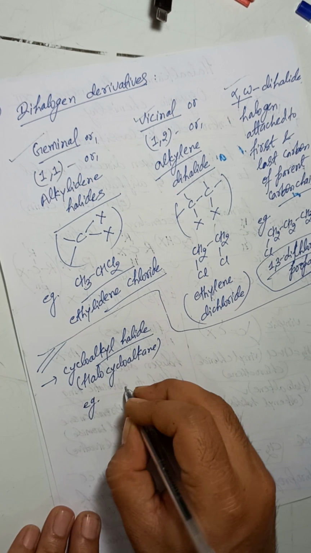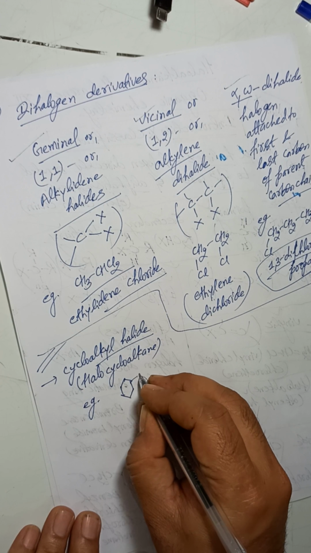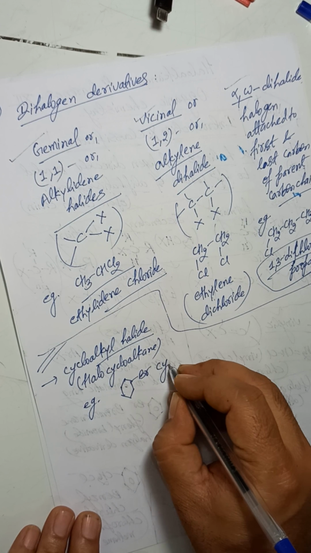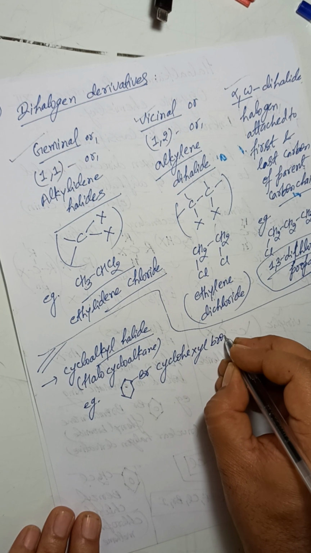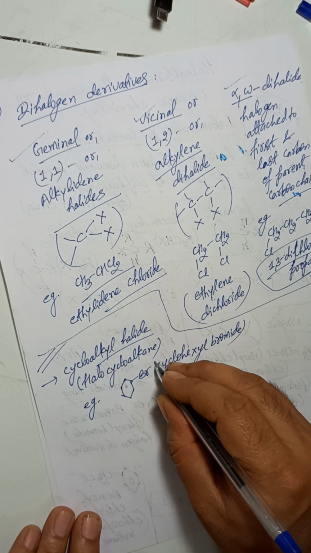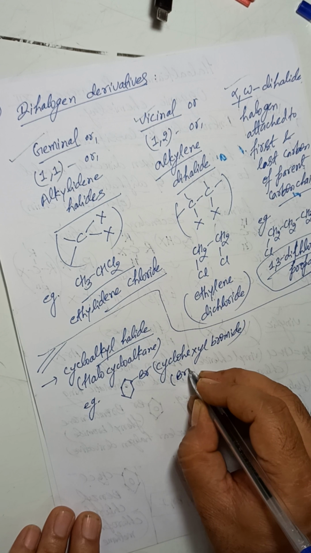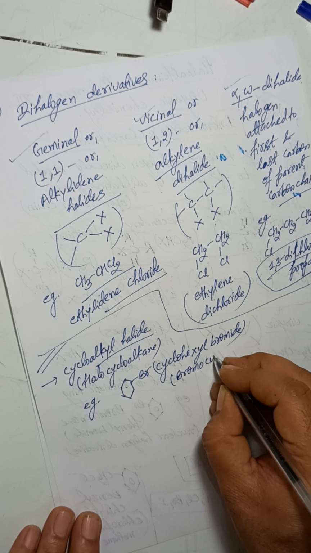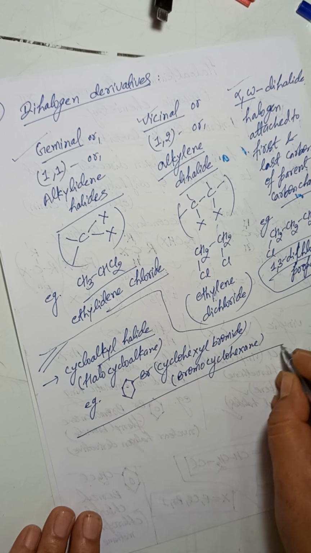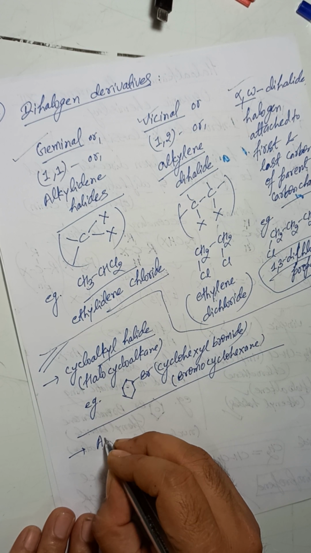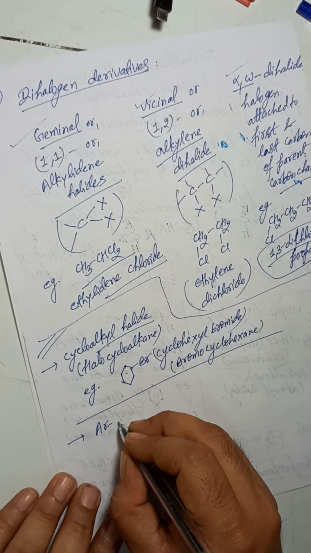For example, cyclohexyl bromide, or better you call this bromocyclohexane. The next type is aralkyl halide.